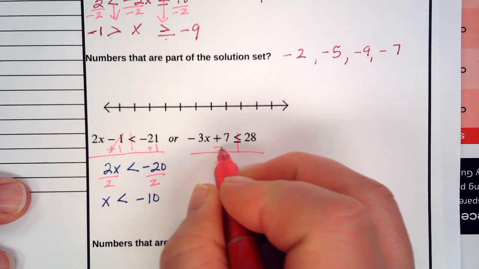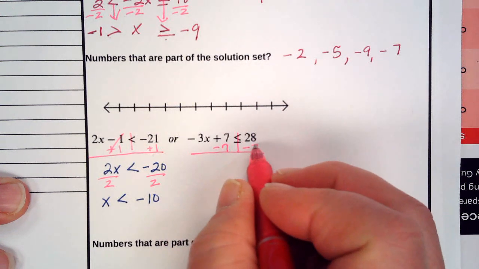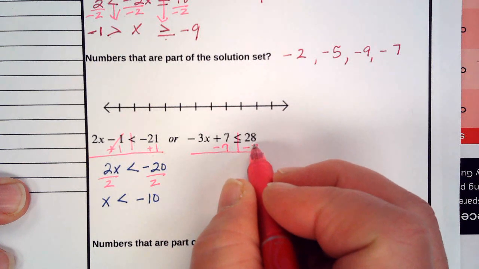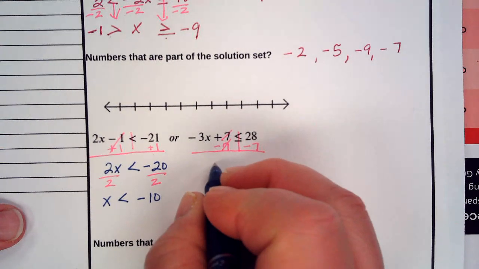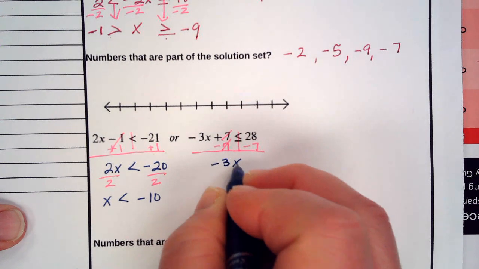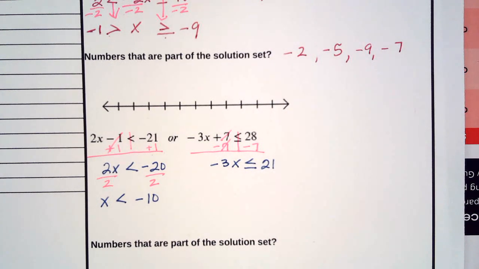This time I subtract 7 from both sides. -3x plus 7 is less than or equal to 28. Subtract 7 from both sides. -3x is less than or equal to 21. Now, what happens when I divide by a negative number?